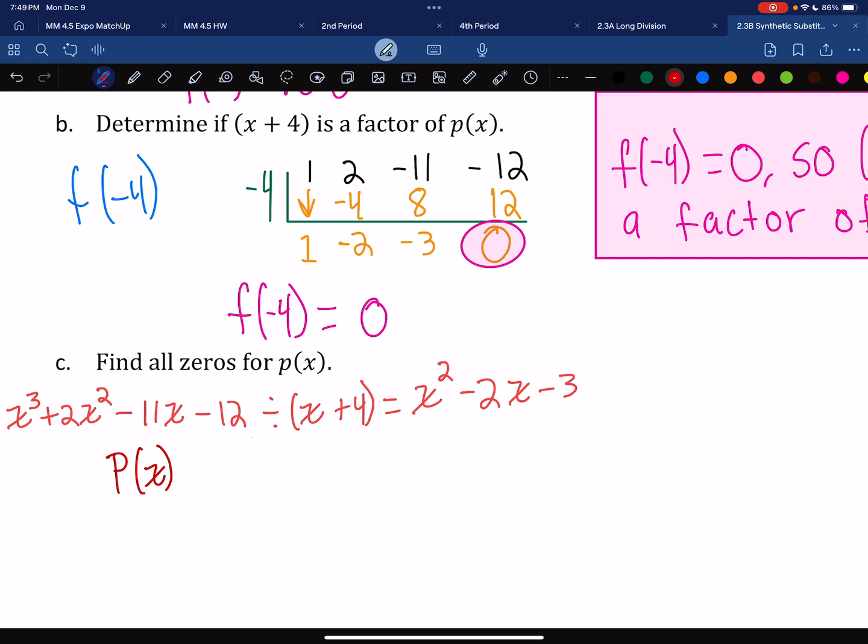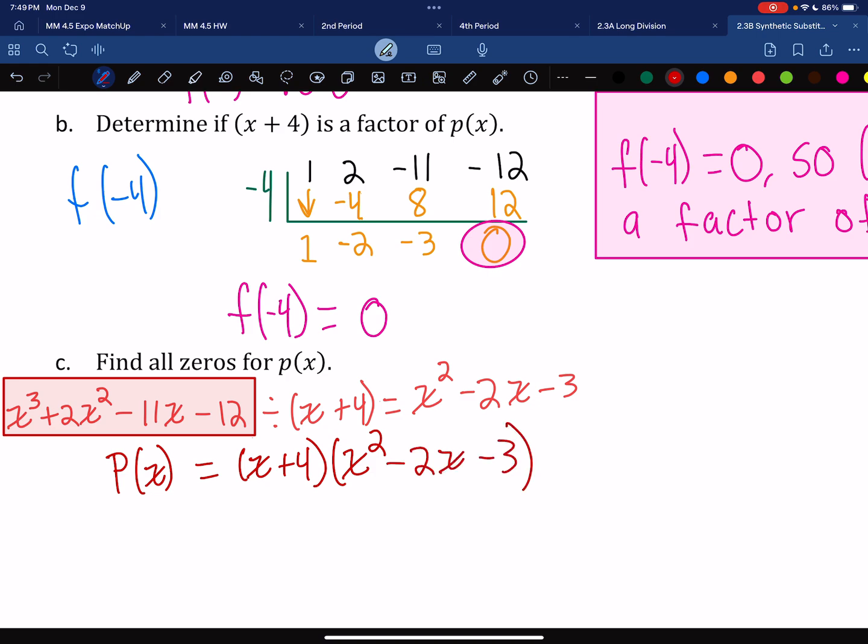But p of x, which is this, that means that p of x equals x plus 4 times x squared minus 2x minus 3. Boom. And we want to find the zeros. That's what C is asking us to find, the zeros. So I wanted to get it in factored form first to be able to find the zeros. And I was showing y'all that we didn't have to go back.